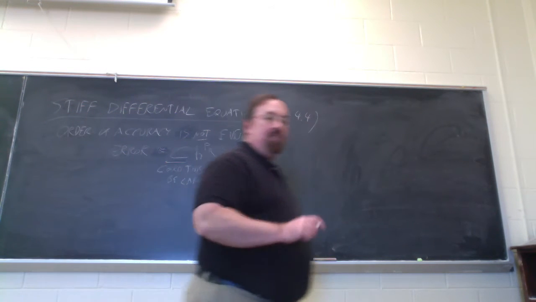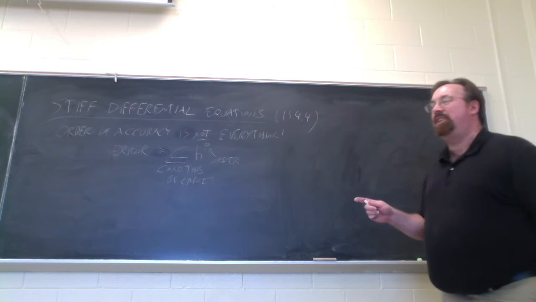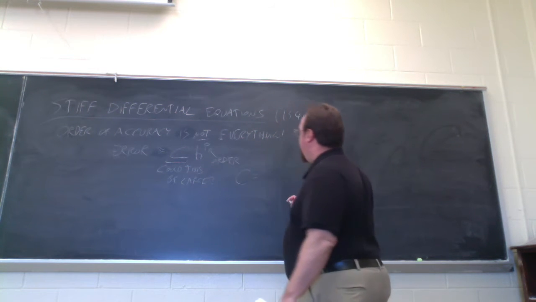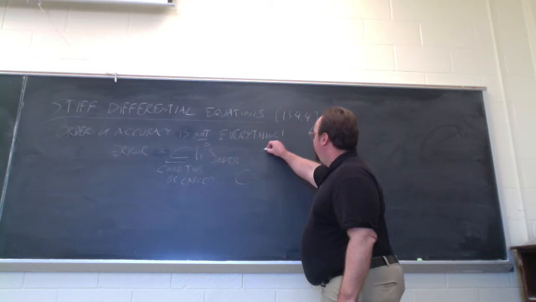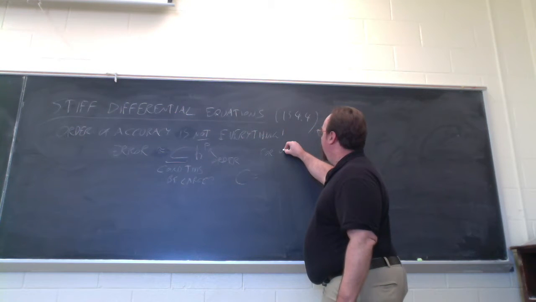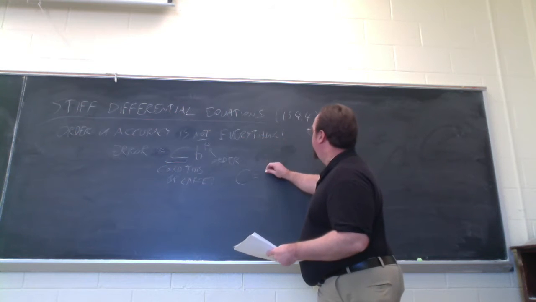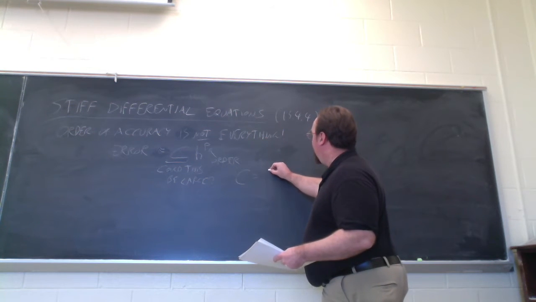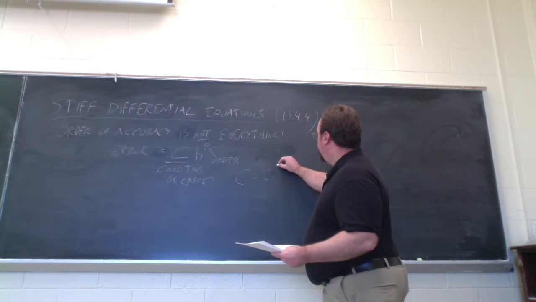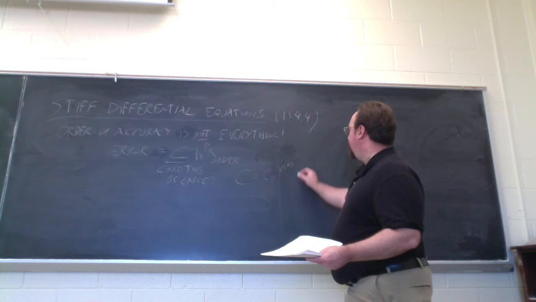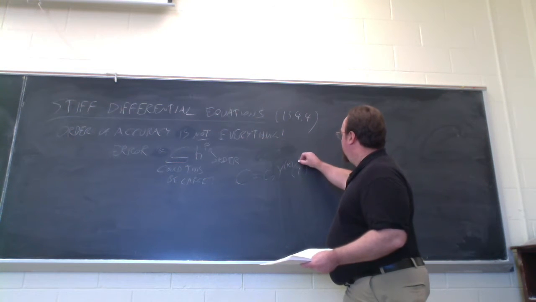So, do we know anything at all about C for any particular method? Yes, but not much. C generally has this form: some constant I'll call C0, which is usually of a reasonable size, times some higher order derivative of the solution at an unknown time.